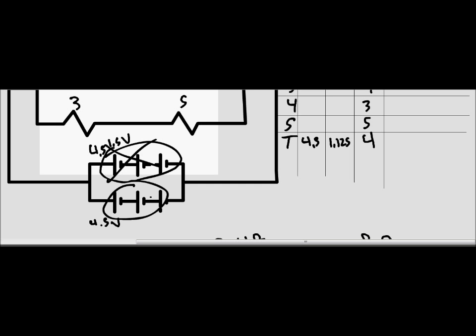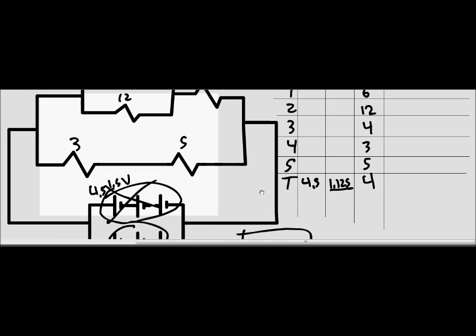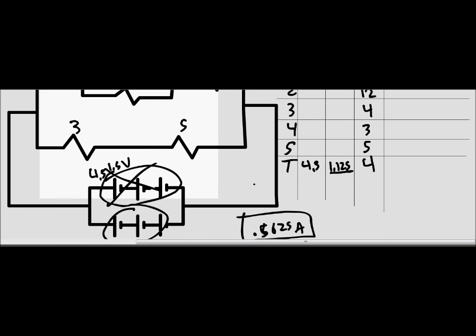So what we end up having to do is take this number, which is the current that would be put out if there were only 3 batteries, and divide it by 2 in order to get the current put out by every single individual battery. So if we divide that by 2, what we end up with is 0.5625 amps. And that is the final answer, but we're going to keep going and solve the rest of everything.